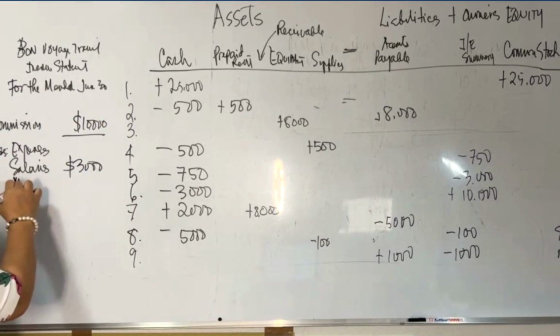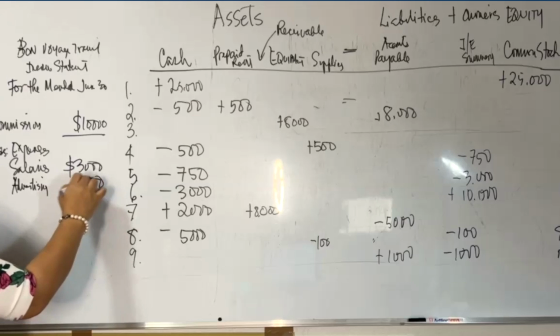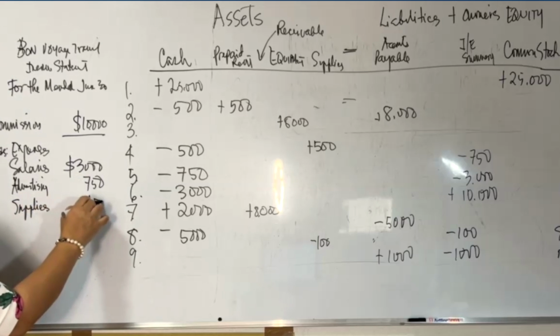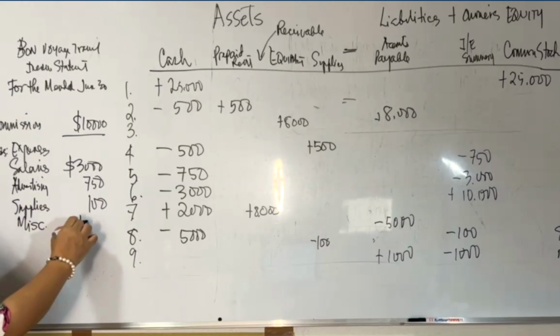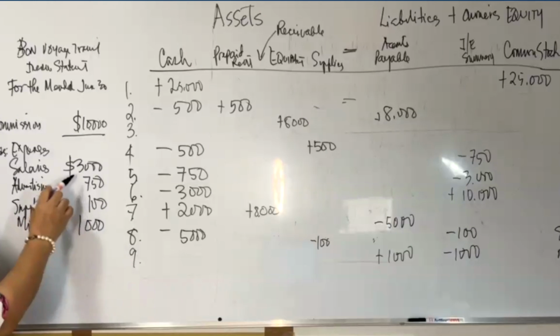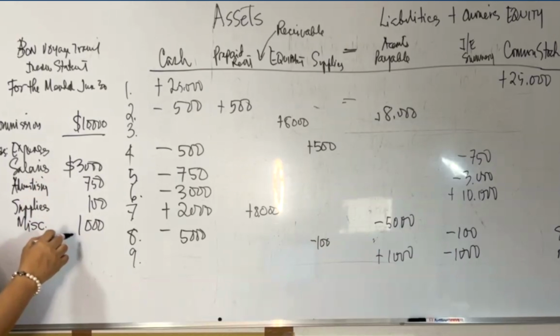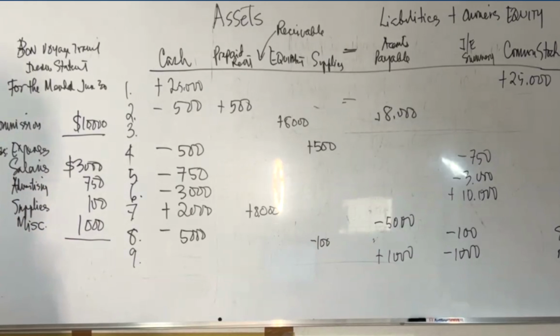Advertising, 750. Supplies expense, 100. Miscellaneous, is that 1,000? Miscellaneous expenses. I should have used 1,000 if it's by order of amount, but usually the miscellaneous is the last. And you might say, Dr. Avi, so many rules, it's just coming along. You get used to that.